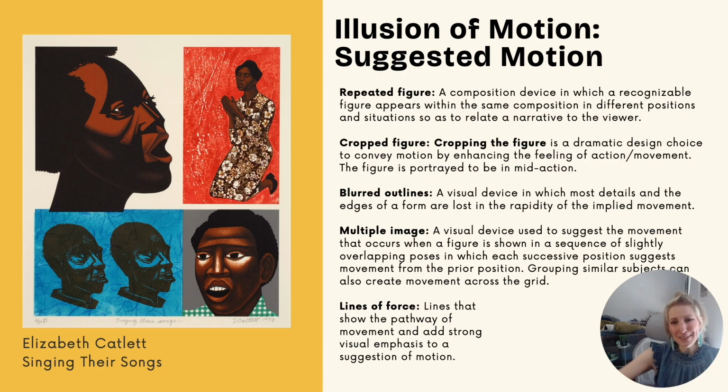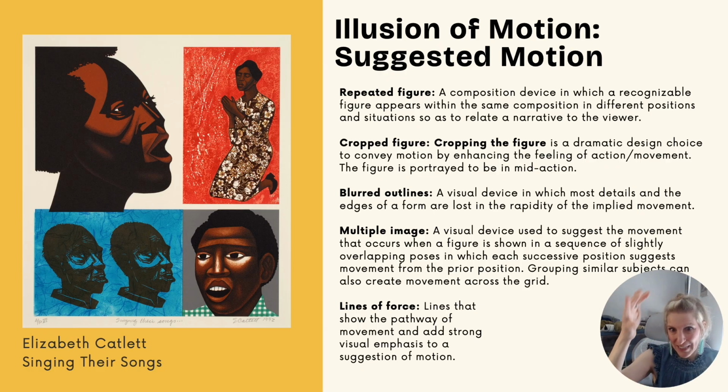We also have suggested motion, right? We can see techniques like repeated figure, cropped figure, multiple images, blurred outlines, or lines of force. Repeated figure is a composition device in which a recognizable figure appears within the same composition in different positions as situations to relate a narrative to the viewer, right?